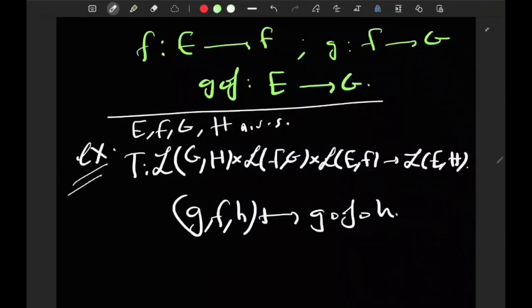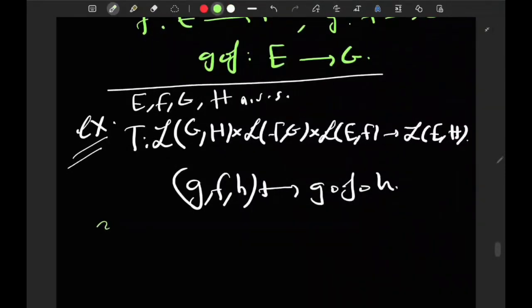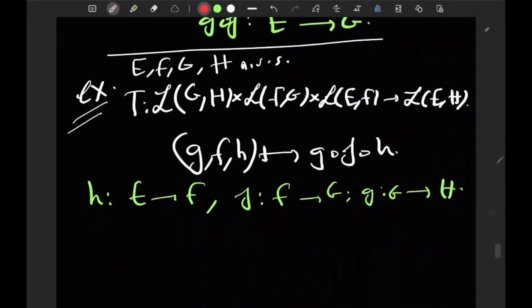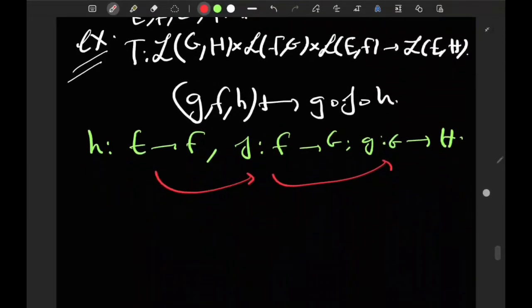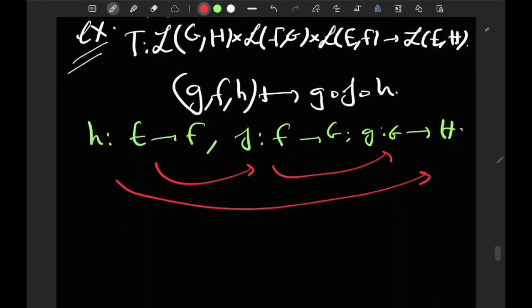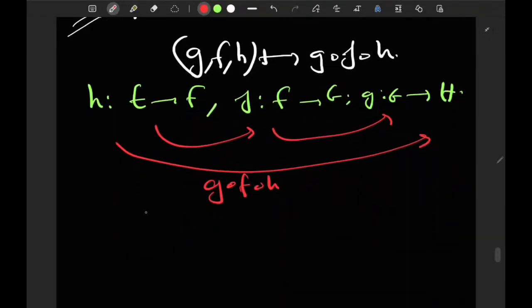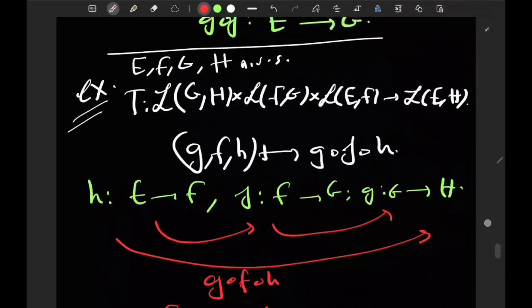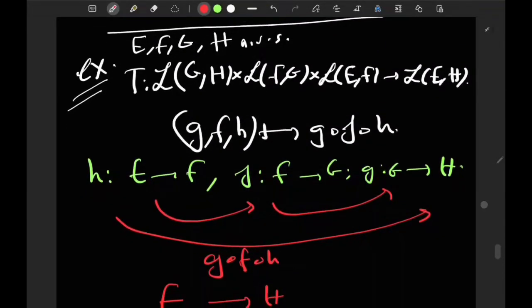So I'm taking a map h going from E to F, f going from F to G, and g going from G to H. And I'm composing these maps in this manner. I'm getting a map g round f round h which is going from E into H, and it's going to be a linear map itself as well.